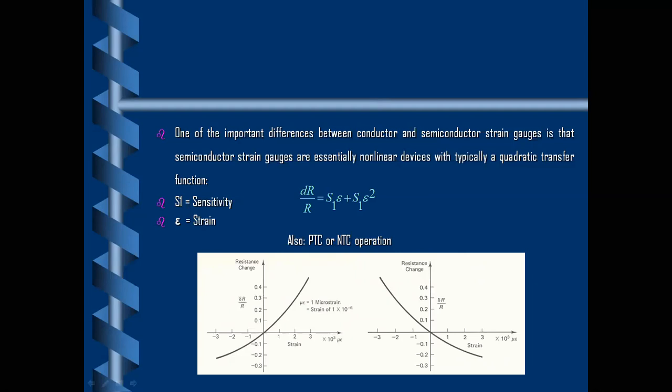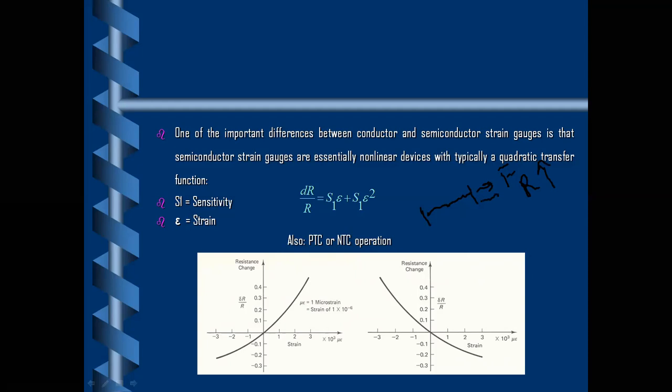What is a positive temperature coefficient? Suppose I am having a wire, and for this wire, if I have applied a force, it's no doubt, as you are well aware, that its resistance R is going to change. At first instant, if I apply force, its resistance will increase due to the change in length.